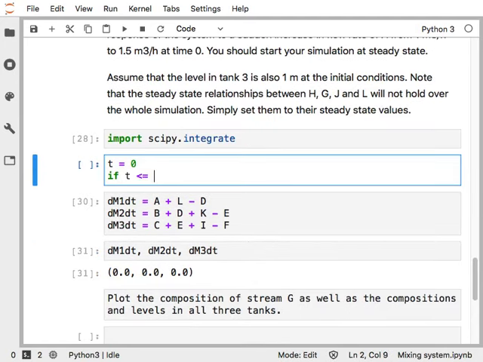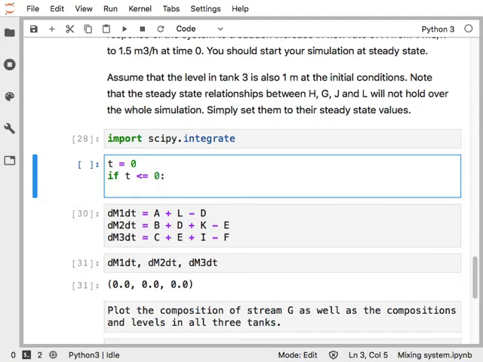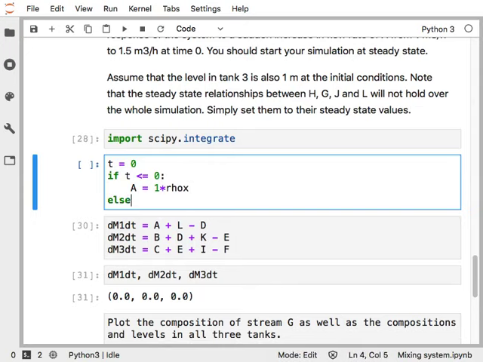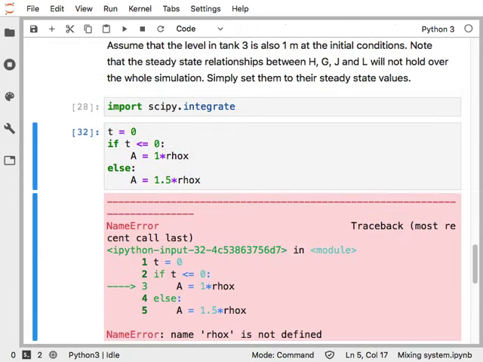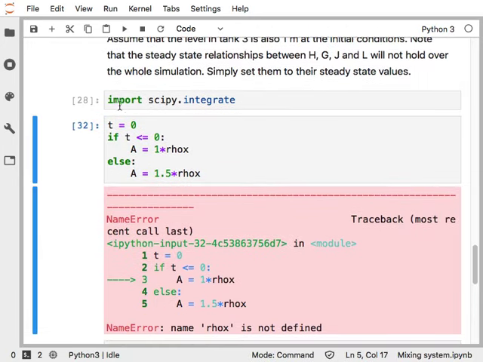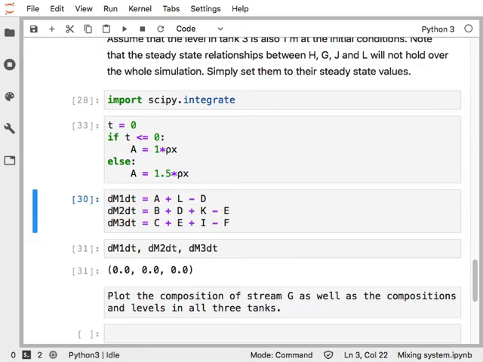If time is less than or equal to 0, then A is equal to 1 times rho x, else A is equal to 1.5 times rho x. Okay, so that's the simplest way that I can see to handle that A specification. Sorry, I'm still getting used to typing these symbols. Right, so there you go.